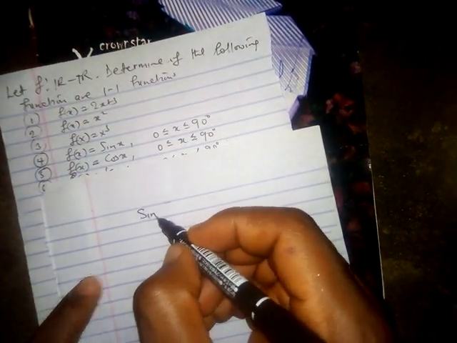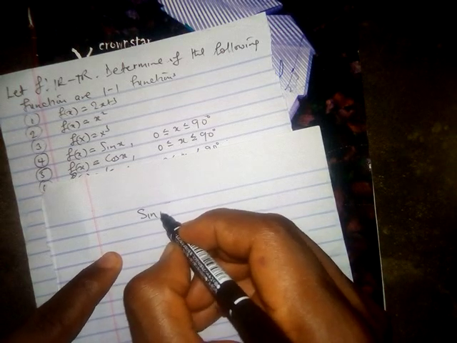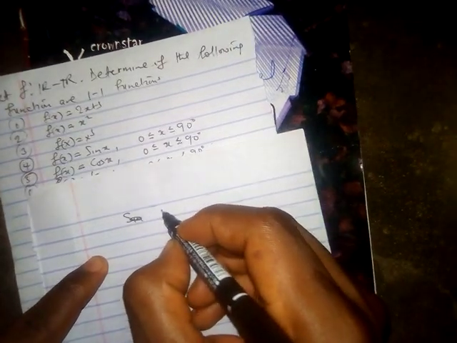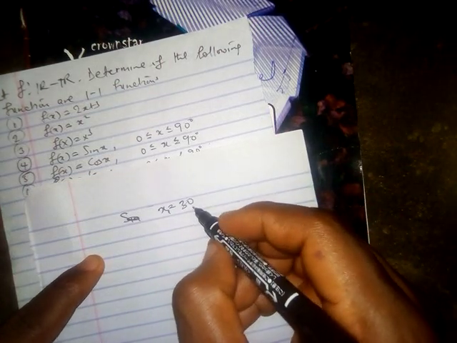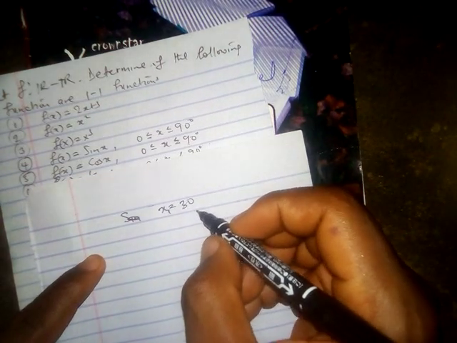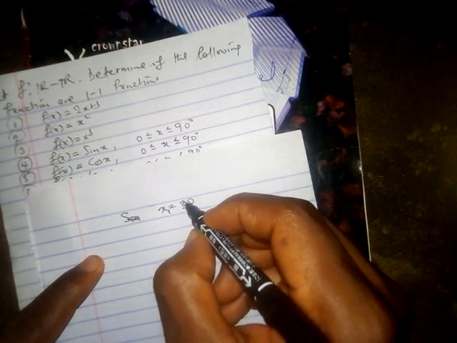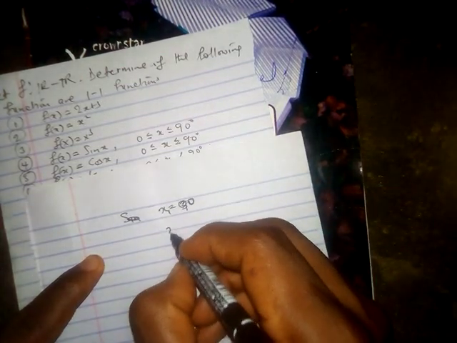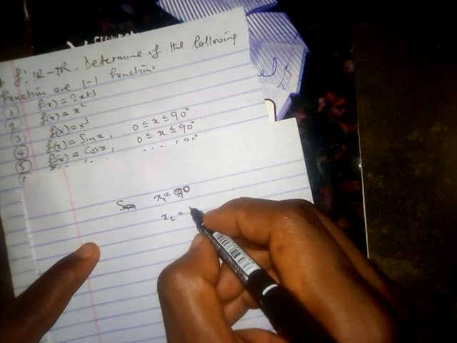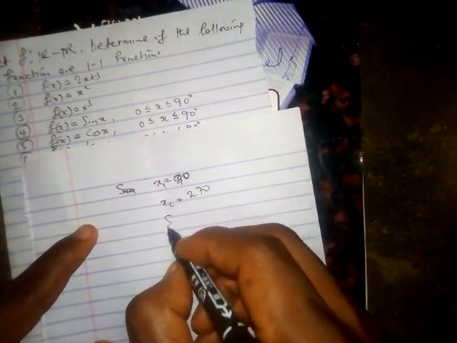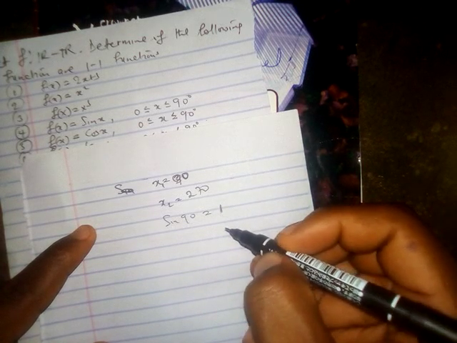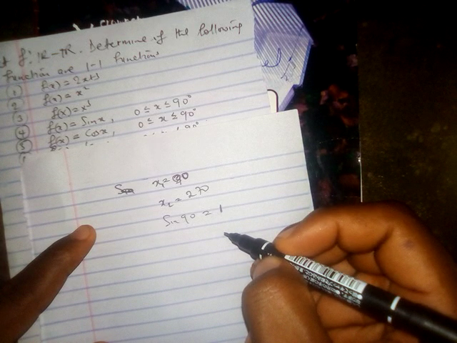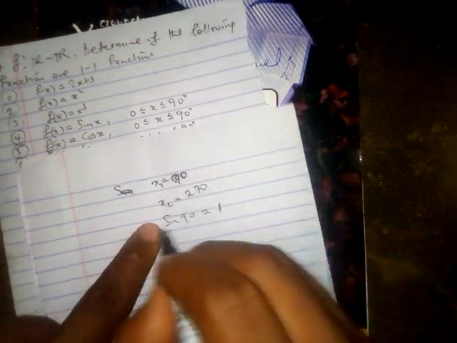Now observe that you can take a value. Let x1 equal 90 degrees and x2 equal 270 degrees.